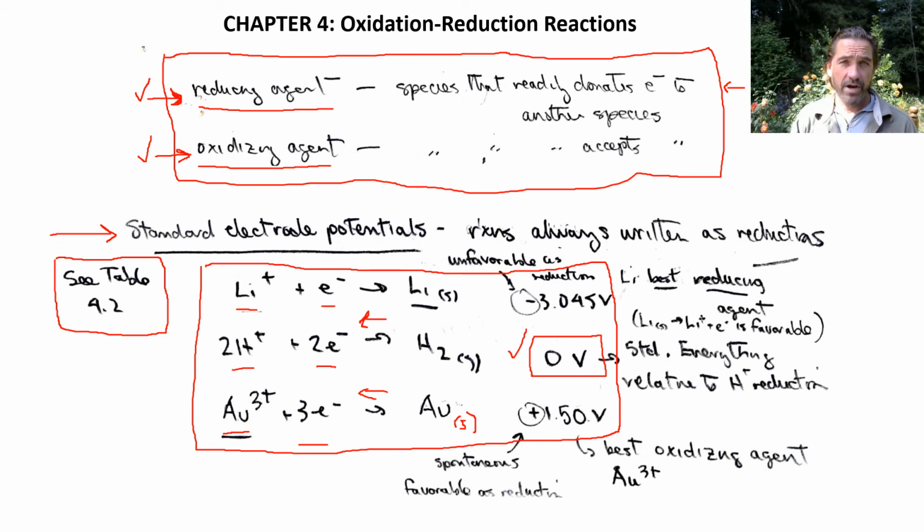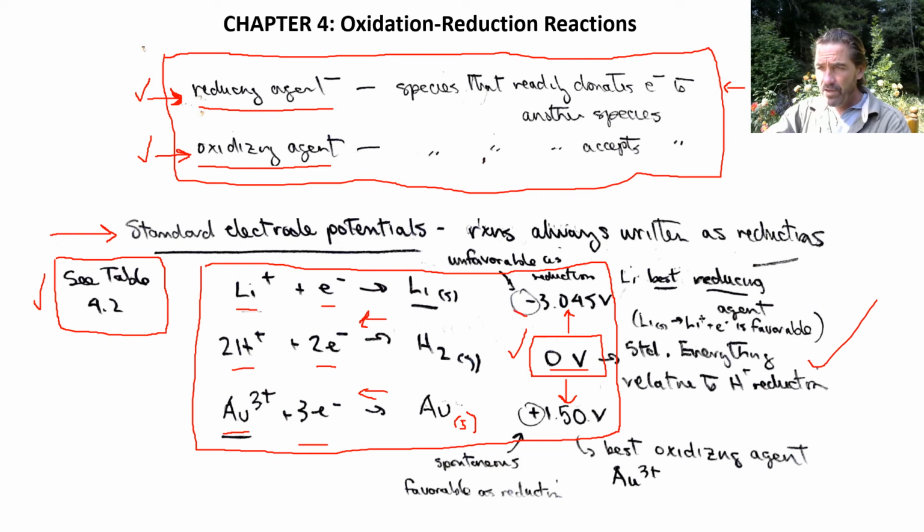It is arbitrary, but in order to assign numbers to these reactions, I needed to call some reaction 0, and now everything else is based upon that point. So we have that reaction as 0, and everything that's more negative and everything that's more positive we can put into tables.